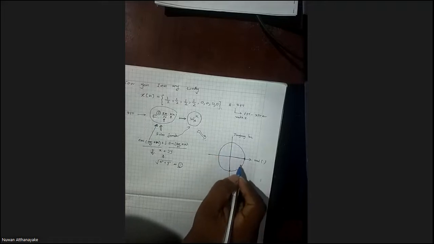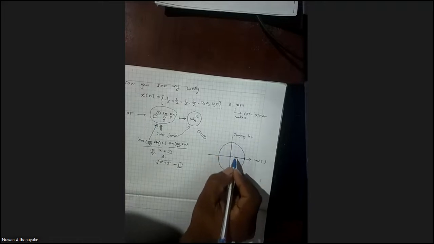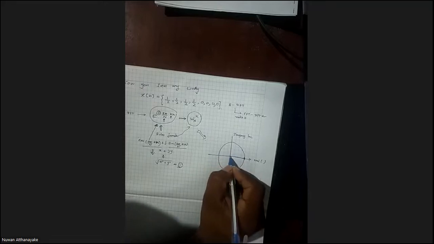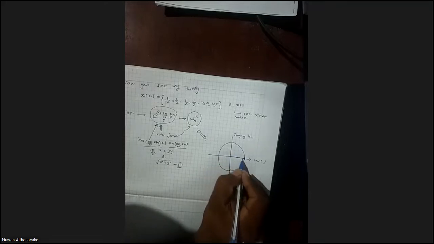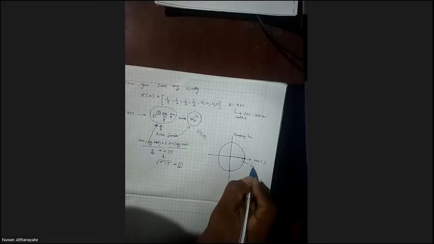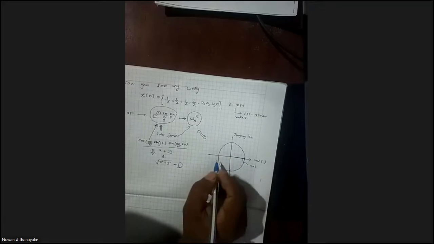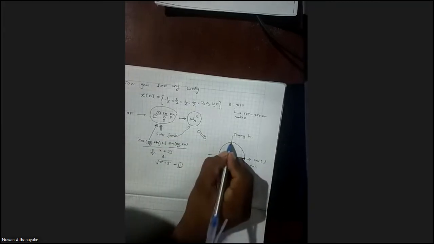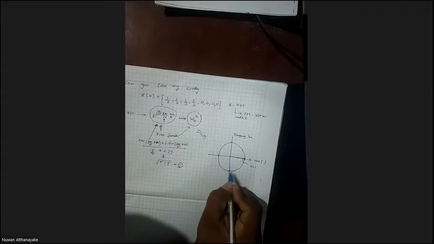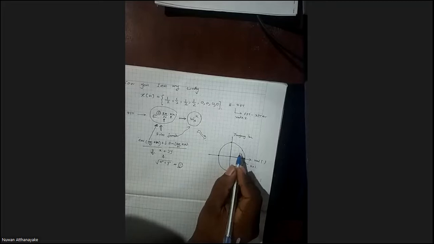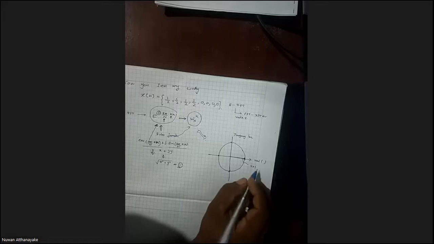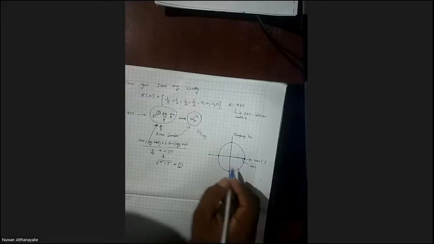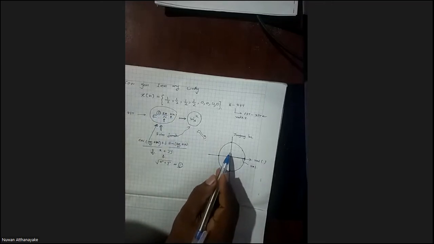This complex number can be any point on this circle if the radius is 1. Because the magnitude is 1, we have to draw the unit circle. I think that is clear. So I draw a unit circle, and now this value can be anywhere on it.